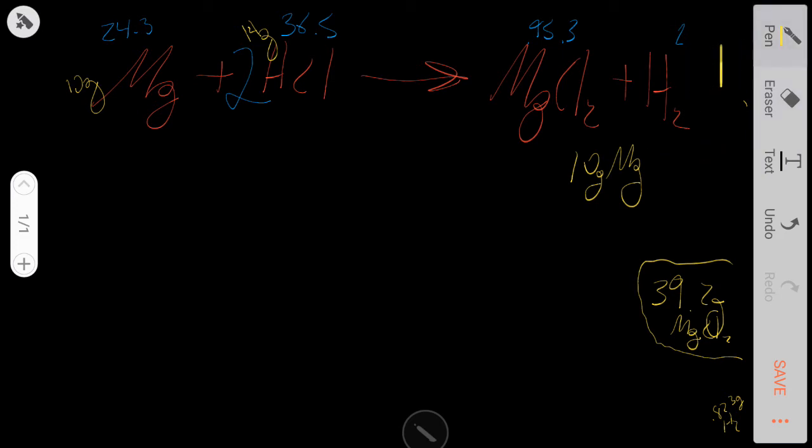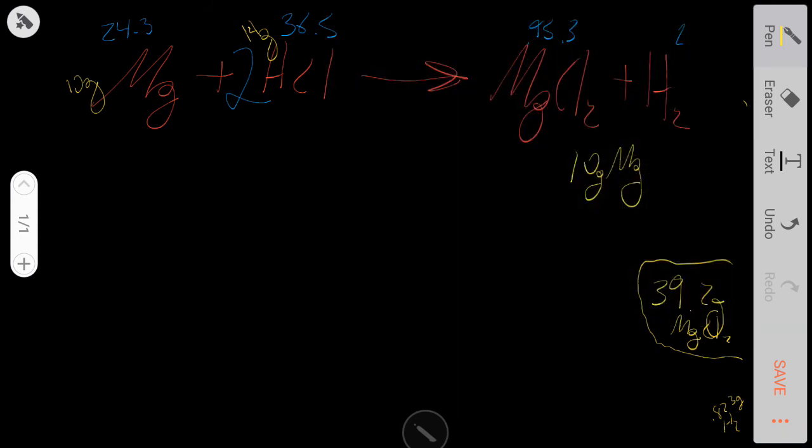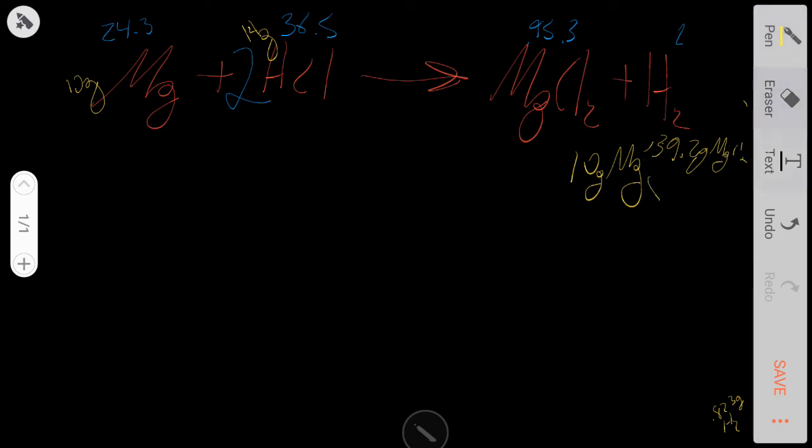Let's try again if I make it thinner. 39.2 grams MgCl2. Cool. And I was able to make 0.823 grams H2. It's important to keep track of these numbers to find out my limiting reagent.